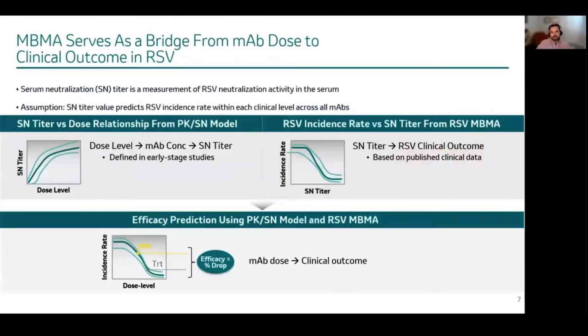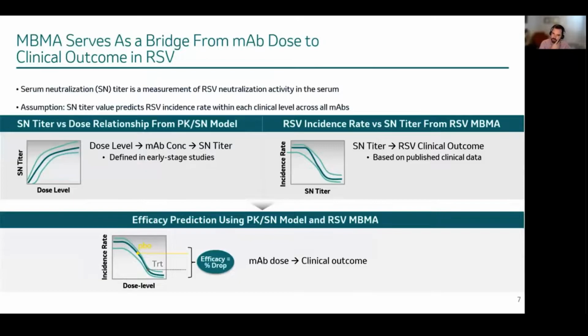So as far as using this approach, the real advantage is you can better understand the exposure response relationship early on in the clinical development program. And really our goal at the end of the day is to get from dose to clinical outcome. And in the absence of proof of concept data, you can use MBMA to define that exposure response relationship.